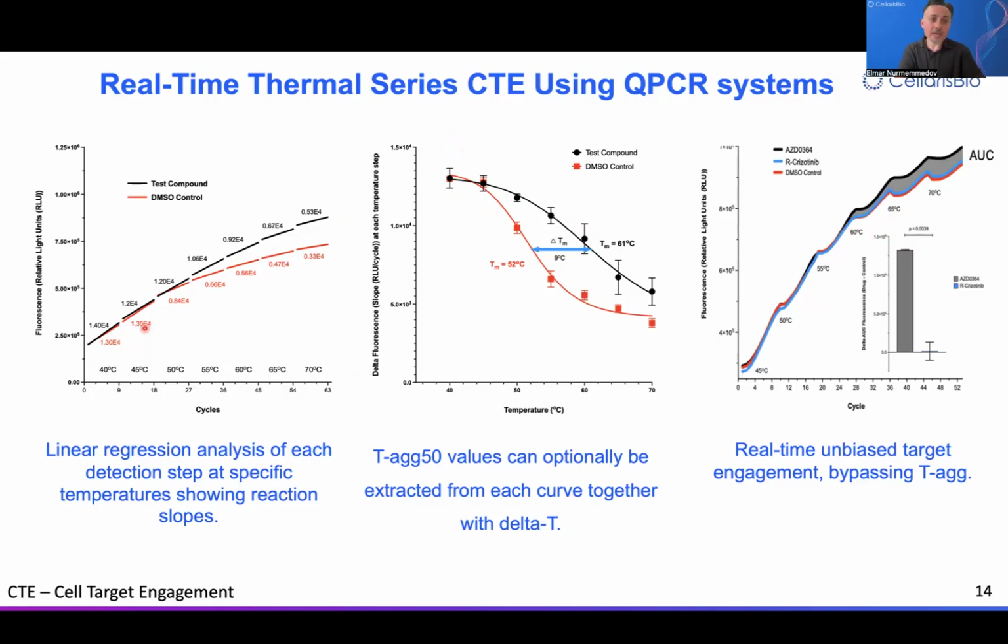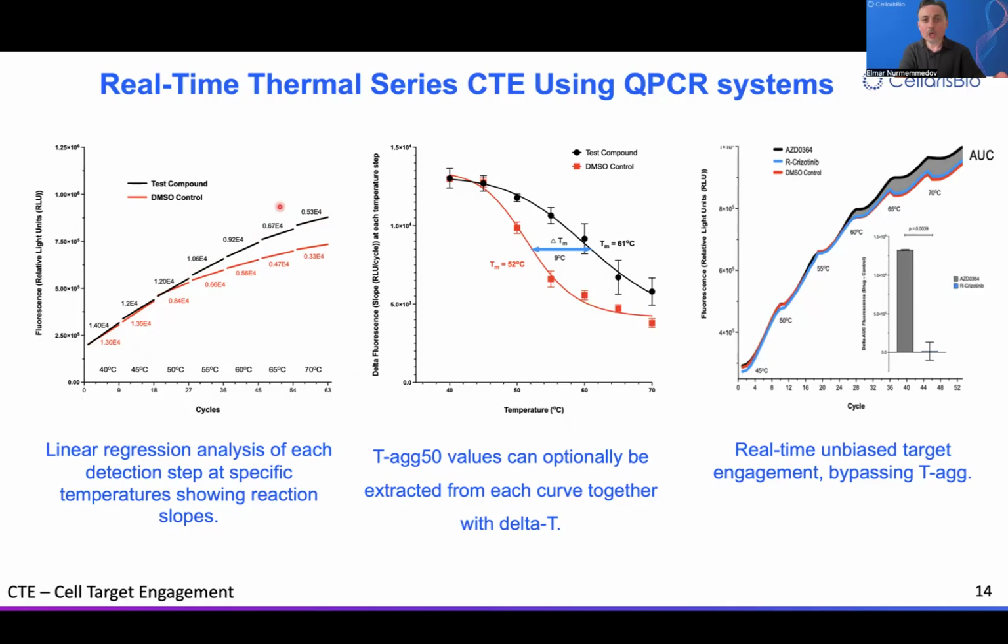Now, on the left side, you have slopes extracted for every temperature for the DMSO control and for the test compound. As you can see, for DMSO, you have high signal early on, then it starts going down and eventually plateaus. The test compound starts steep, continuous steep for some time, and eventually it will plateau.